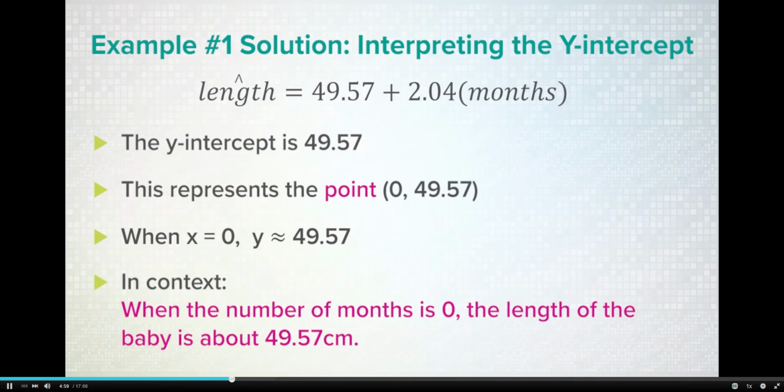Lastly, I have the context of the question. My x variable is the number of months. My y variable is the length of the baby. So, to sum up, if I want to interpret the y-intercept, I talk about when the number of months is 0, then the length of the baby is about or approximately 49.57 centimeters.